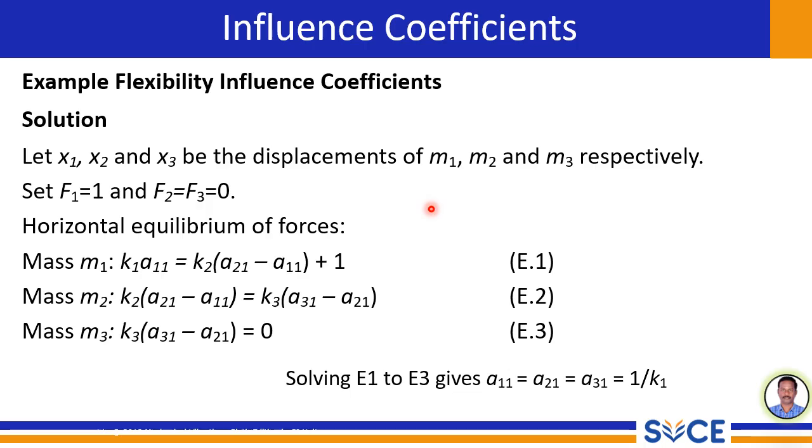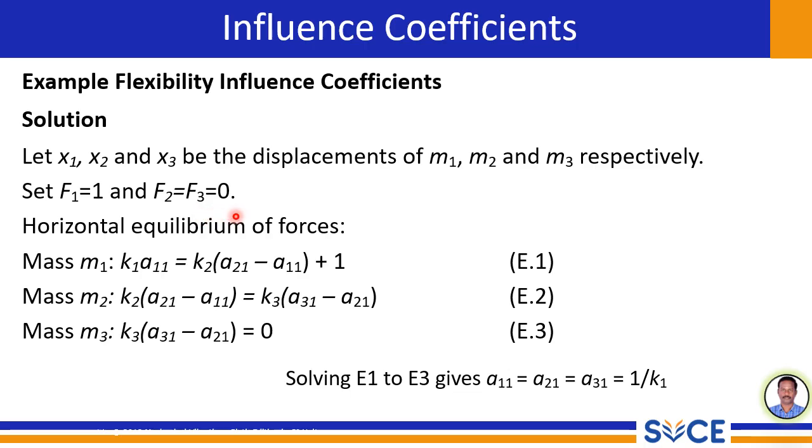Let us now start calculating the flexibility influence coefficients for our 3-mass spring system. We will begin by finding the first column of the flexibility matrix, which corresponds to applying a unit force at mass 1, that is F1 equal to 1, while keeping the forces at mass 2 and 3 zero.